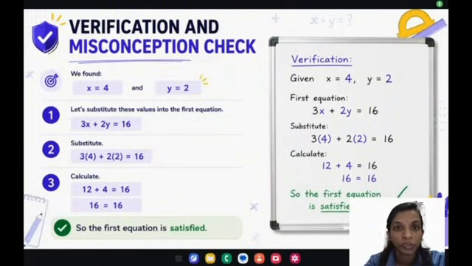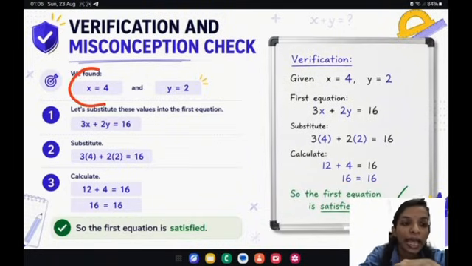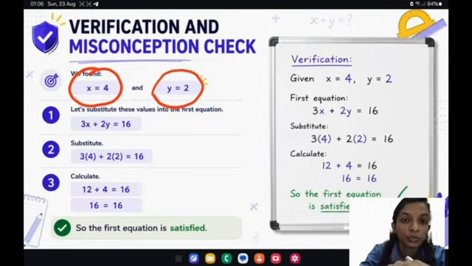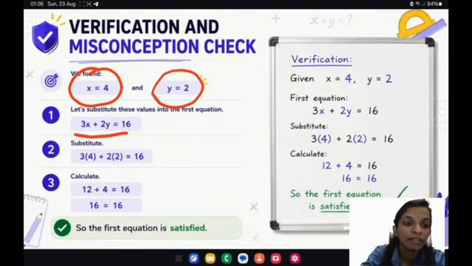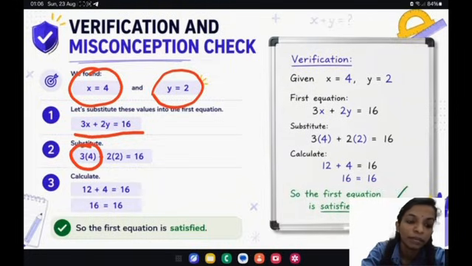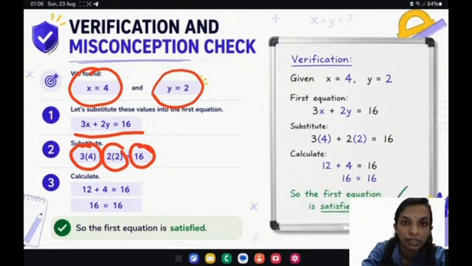Now let's make sure that our answer is actually correct. We found x equals 4 and y equals 2. Let's substitute these values into the first equation, 3x plus 2y equals 16. After substituting, 3(4) plus 2(2) equals 16.